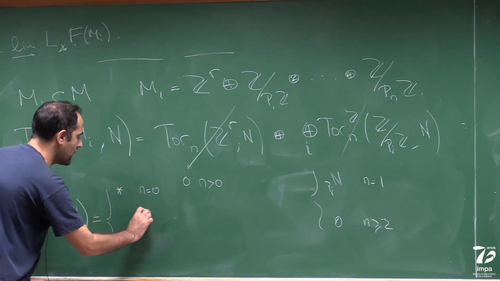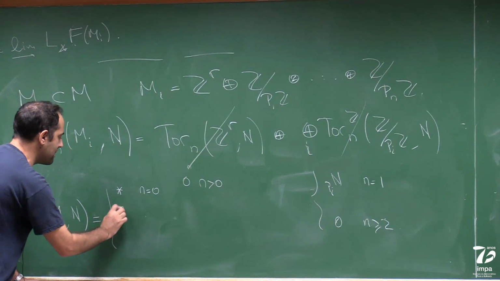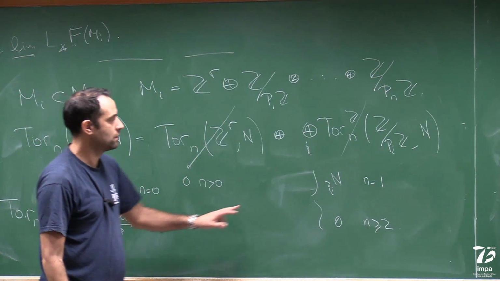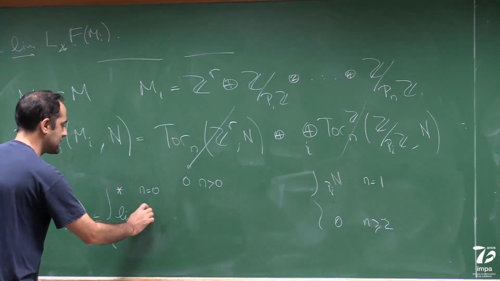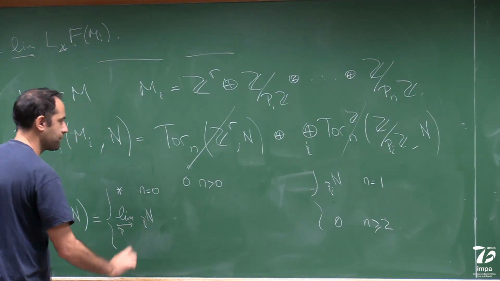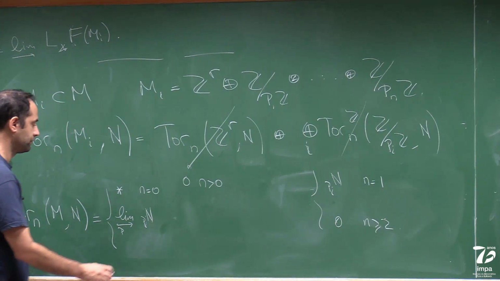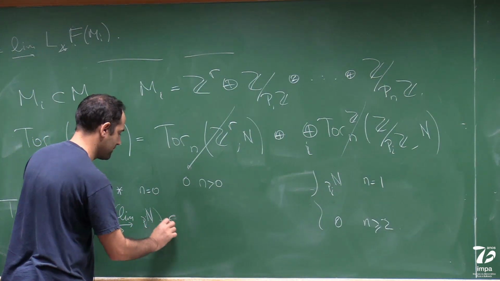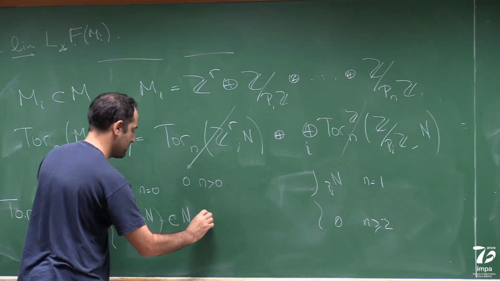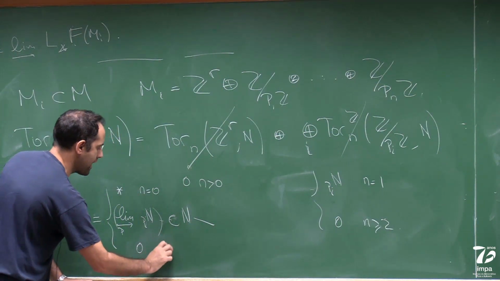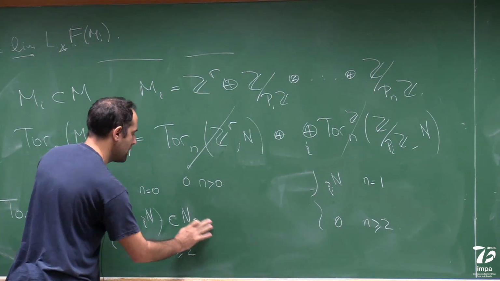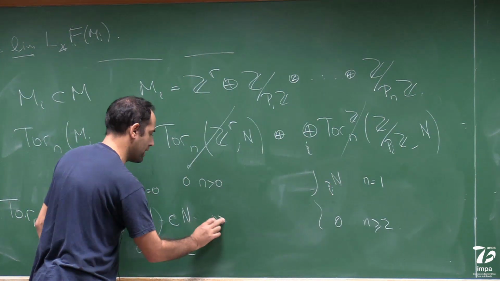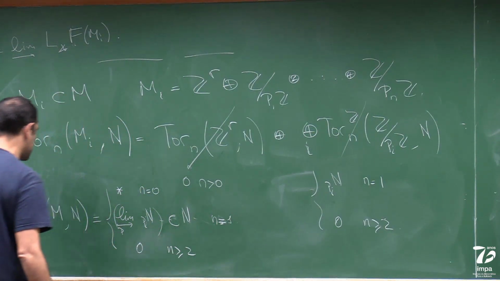And if n is equal to 1, what you get is the direct limit, the limit over all primes of these p-torsions of N, and this is the torsion subgroup of N. And 0 if n is bigger or equal than 2.